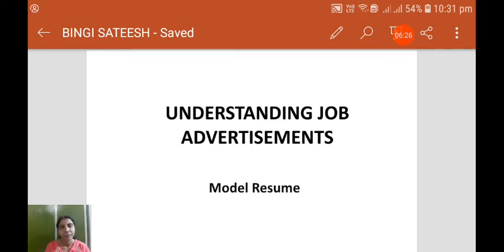After educational qualifications, the most important is technical skills. That is technical qualifications. So, in technical qualifications, you will write about the knowledge of operating the computers.